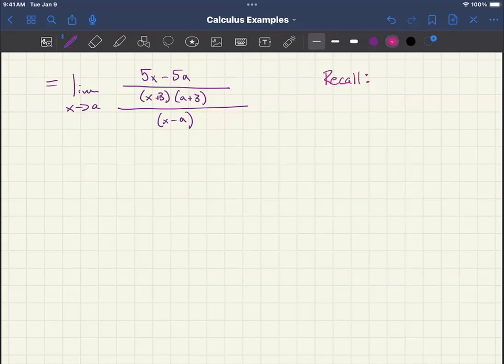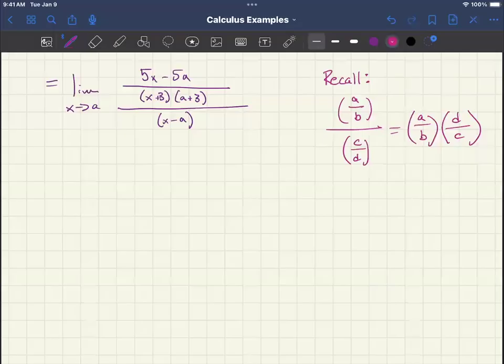So here's our algebra tool of the day. When we have one fraction and we're dividing by another fraction, we can flip and multiply. And that is going to allow us to work with our fractions together. It's going to be so nice. And I know what you're thinking. We only have one fraction divided by, well, it's just one thing on the denominator, right? Not true.